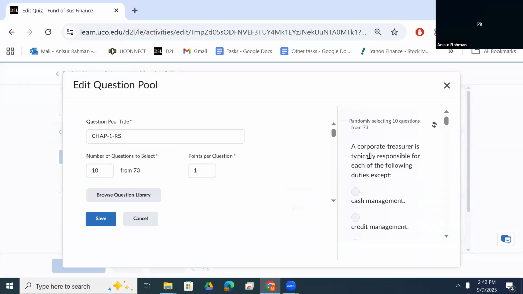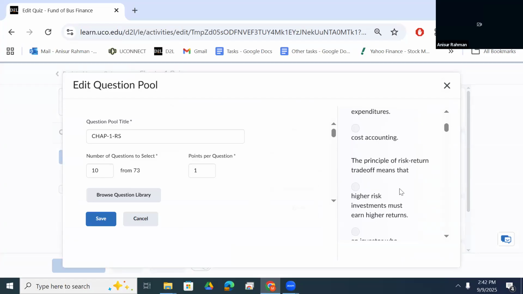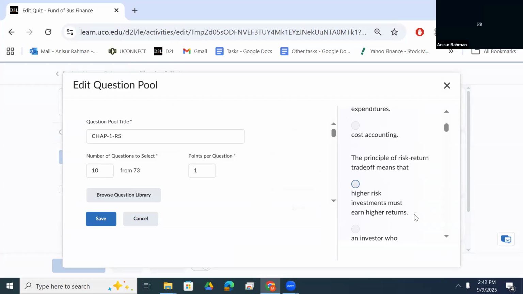So look at this question. It is saying a corporate treasurer is typically responsible for each of the following duties except, right? So this is what I mean by a theory or conceptual question. And it doesn't require any calculation.